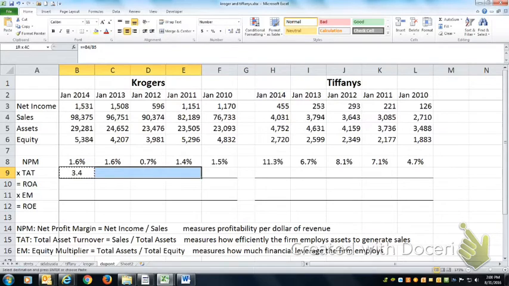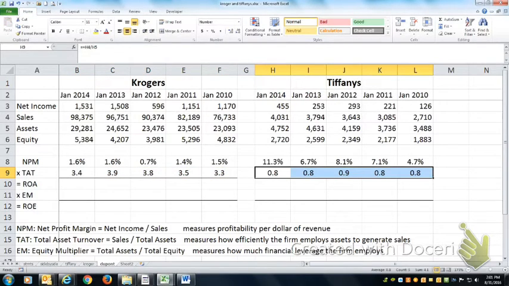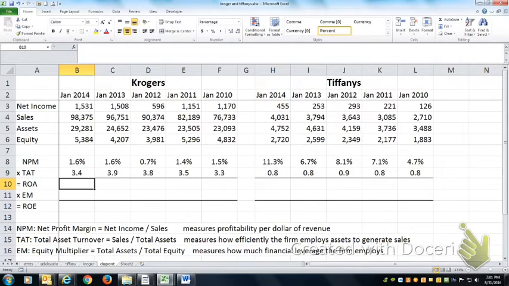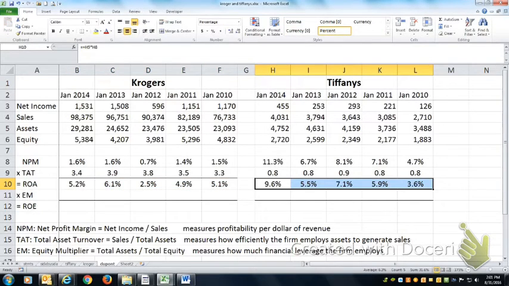The total asset turnover is much higher for Kroger than it is for Tiffany. So Kroger is much more efficient at generating sales with its asset base. If I multiply these two numbers together, I've got the return on assets, and it's about 5% for most years for Kroger, and it's a little over that most years for Tiffany.